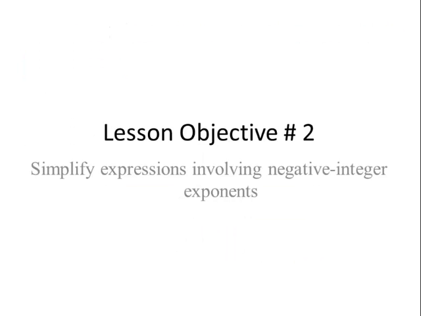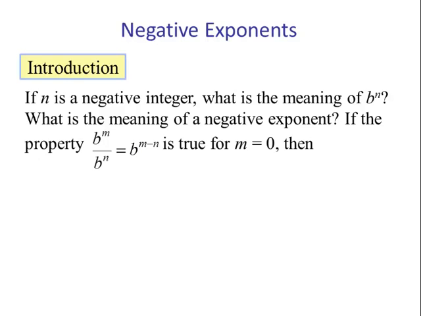Lesson objective: negative exponents. Introduction. If n is a negative integer, then what is the meaning of b to the n? What is the meaning of a negative exponent? If the property b to the m power divided by b to the n power equals b to the m minus n power, then 1 over b to the n is the same thing as b to the 0 power divided by b to the n.